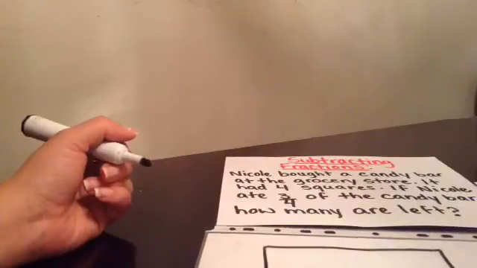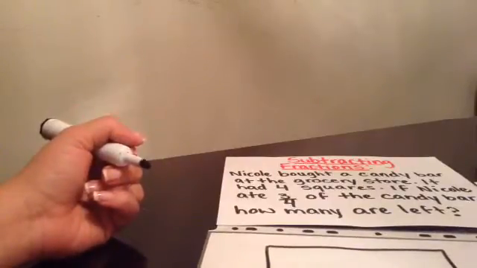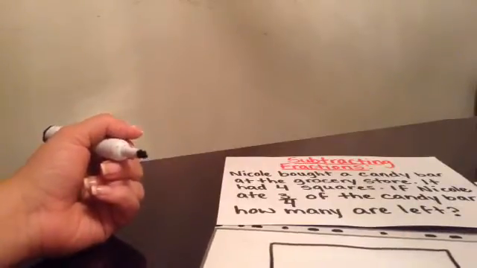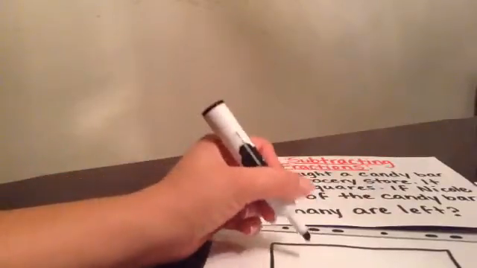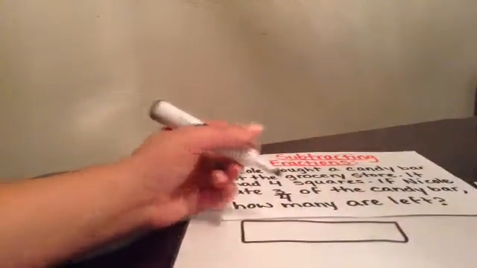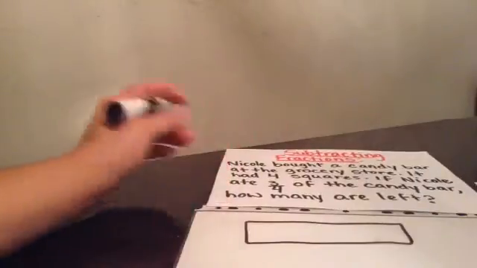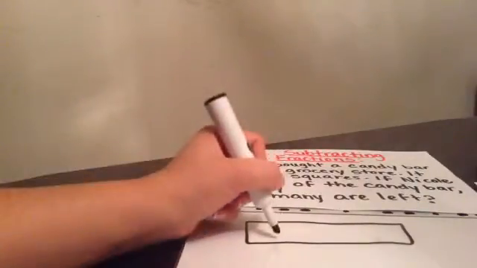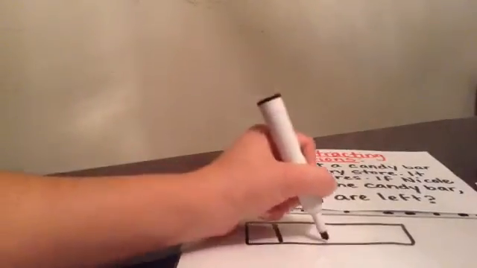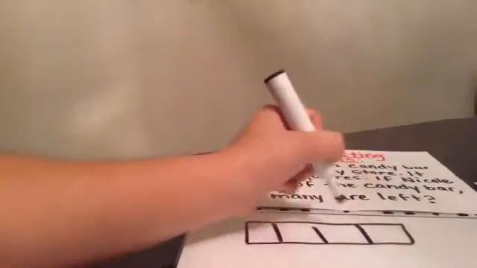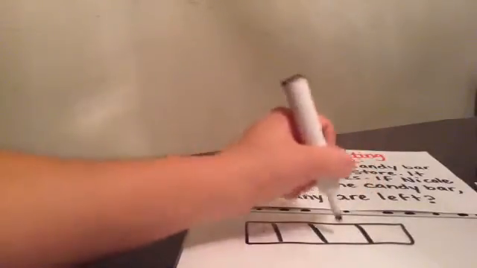So then we can label how many fractions the candy bar has. So it says that the candy bar had 4 squares. So 1, 2, 3, 4. Okay? So we know that the candy bar has 4 squares, but she ate 3/4.